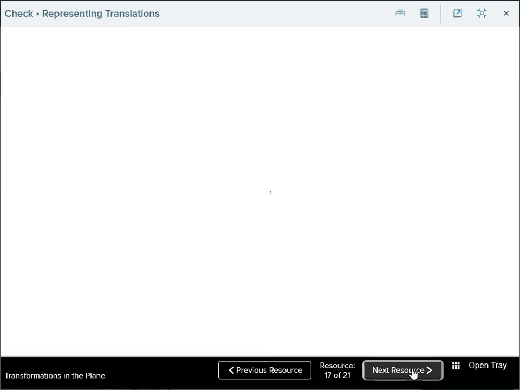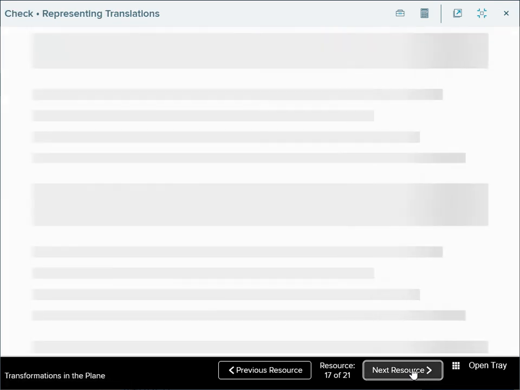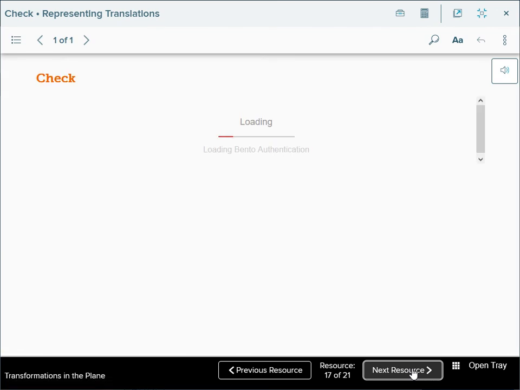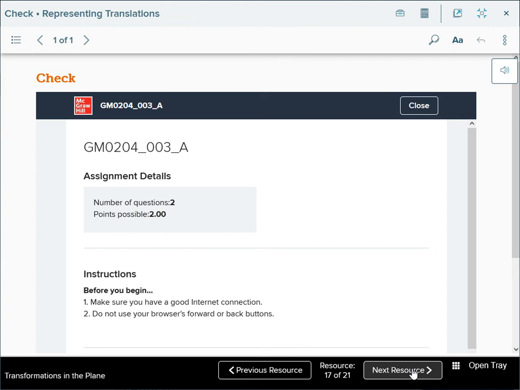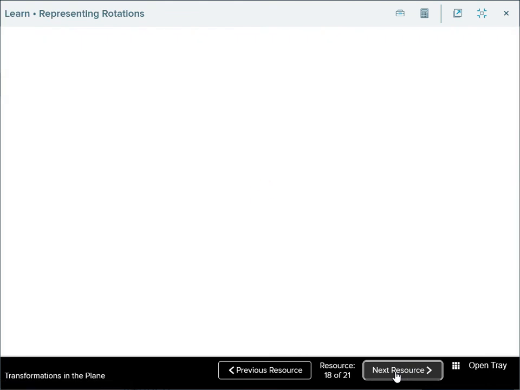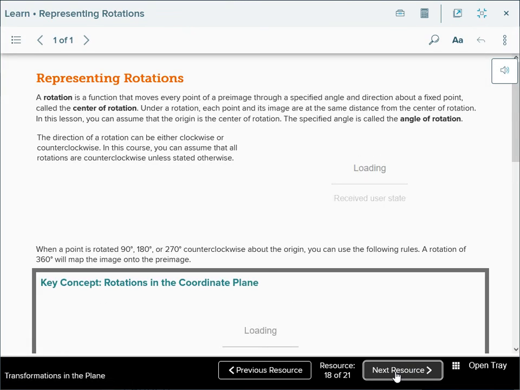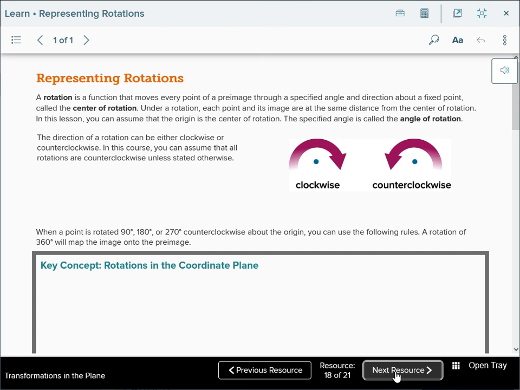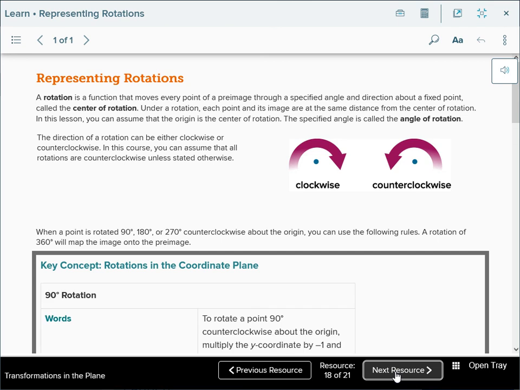Go to the next slide. This is another check, so we're going to skip it. Number 19. Fill in what you need to fill in on this real quick, and then I'm going to pop up something else.